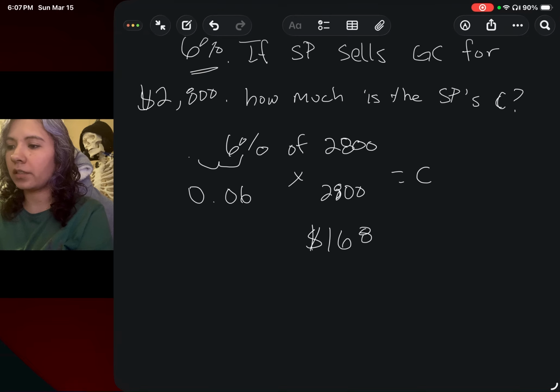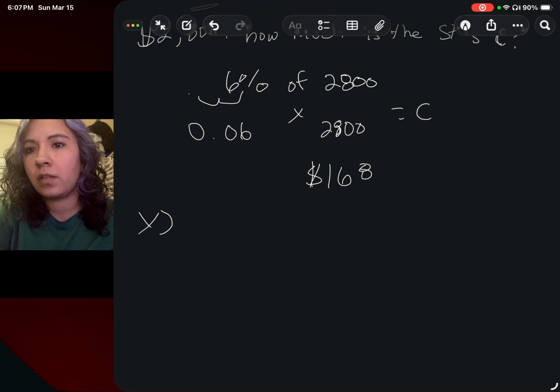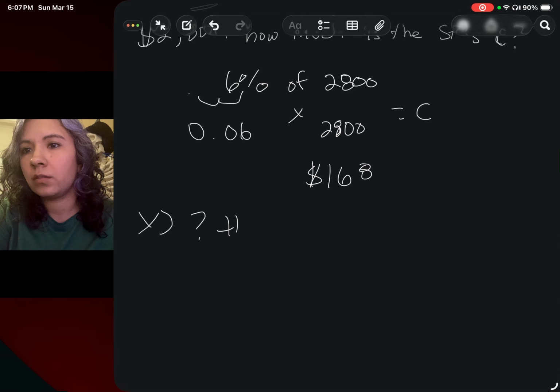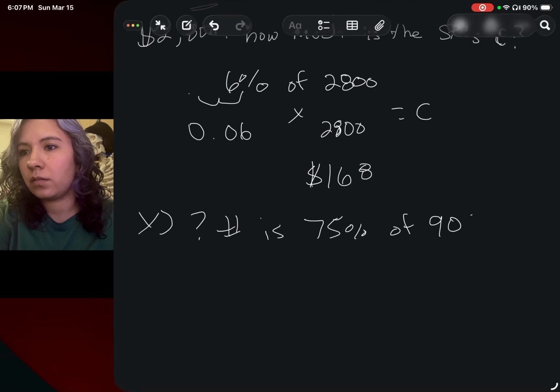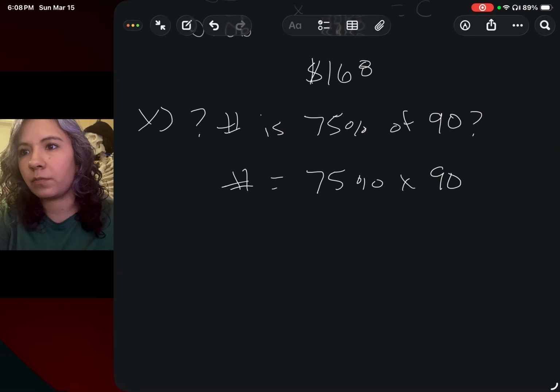Okay, now the last example that we're going to do is we're going to say what number is 75% of 90. So we're looking for the number is equal to 75% times 90. On here, we can change this into a fraction. We know 75% is 3/4.